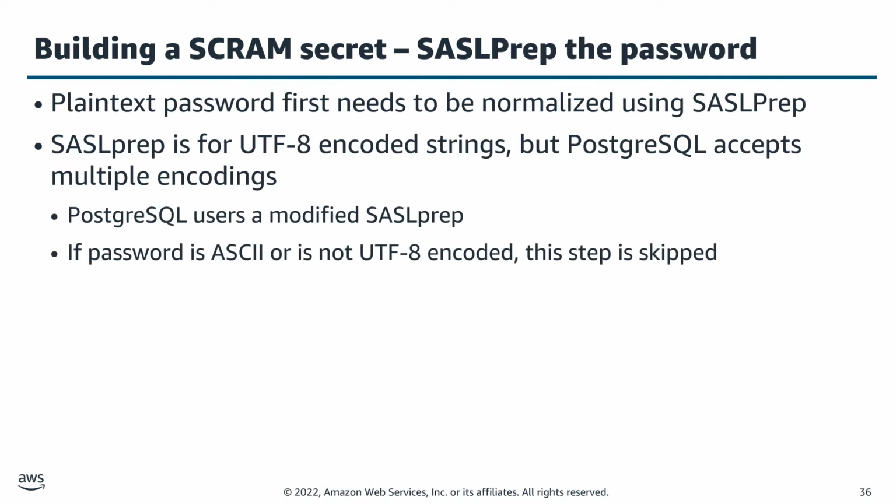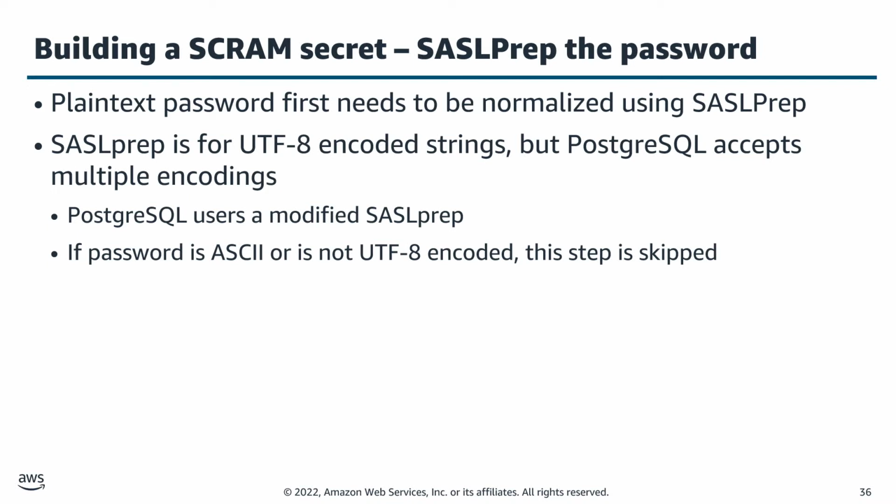Now it's going to get a little bit deeper. We need to build out the stored key and the server key, and this is where we start working with the original plaintext password. The first thing that we need to do is something called SASLprep. This is specified in the SCRAM RFC for normalizing the password before you begin hashing it, so it's in a standard, fairly normal form.